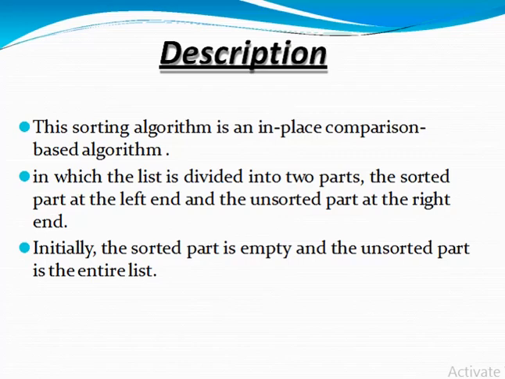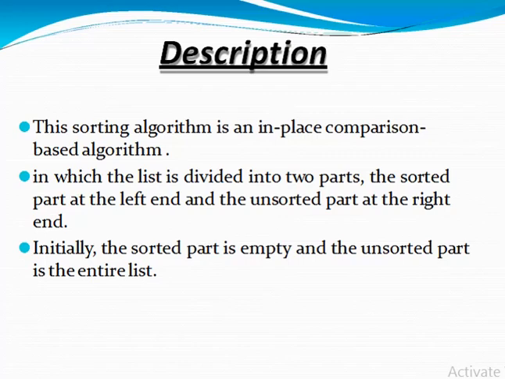Initially the sorted part is empty and the unsorted part is the entire list. The smallest element is selected from the unsorted array and swapped with the leftmost element. If we are sorting the whole list in ascending order, the smallest elements are on the left hand side, whereas the largest elements are on the right hand side, smallest to largest. That element becomes a part of the sorted array.